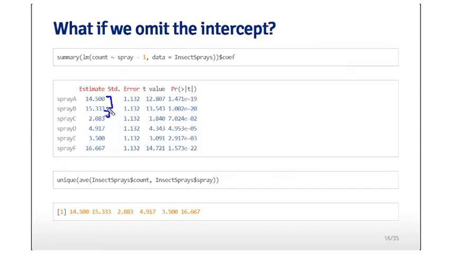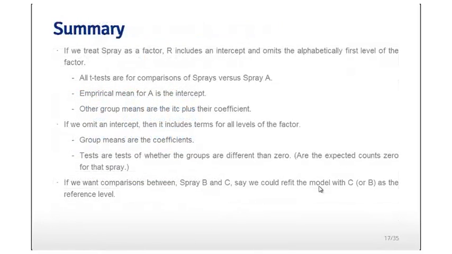If you were to subtract the coefficients from B, you would get the coefficients from the model where B is the reference category. Oh, here I actually do, where I just take the average within each of the groups, and you can see it's 14, 15, 2, 4, 9, that's exactly what we got right here.